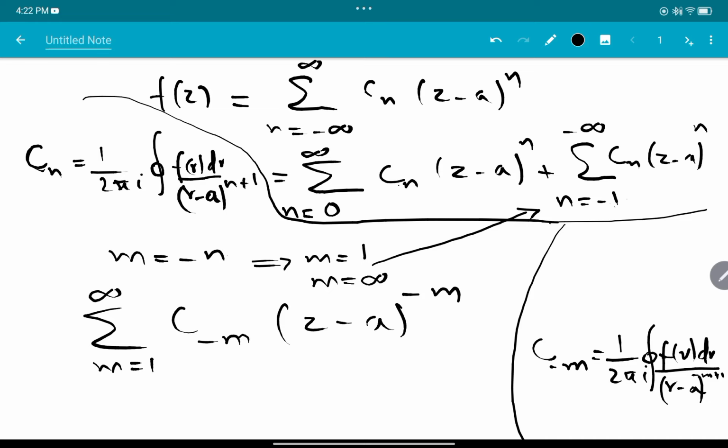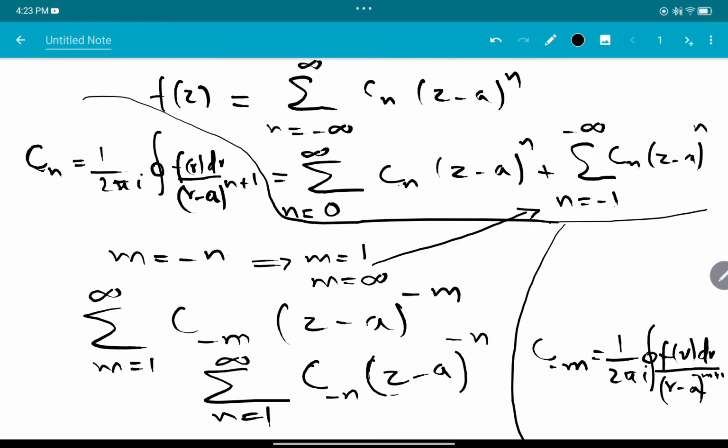There's one more thing. Since this is true for this index m, I can replace this index m once again by n. I can write the sum from n equal to 1 to infinity of c_(-n) (z minus a) raised to minus n. m was a dummy index, and I have replaced it once again, and then I can use this as part of the Laurent series.